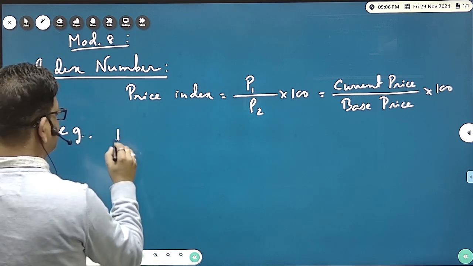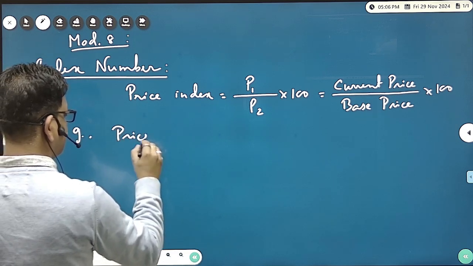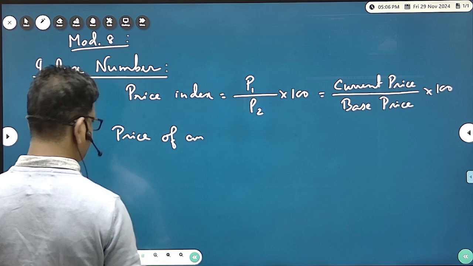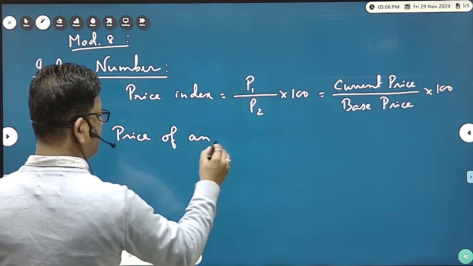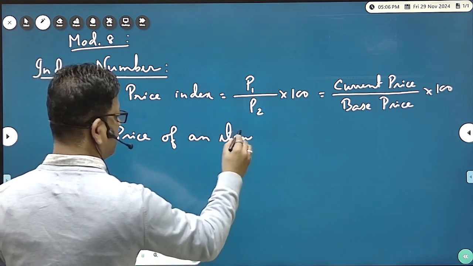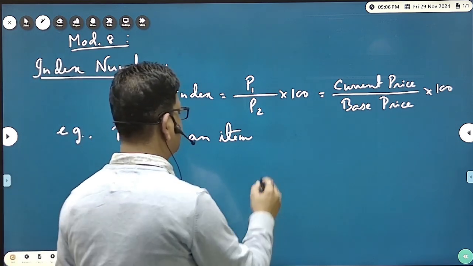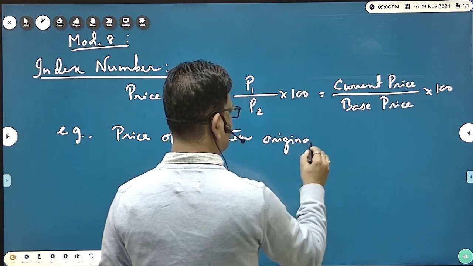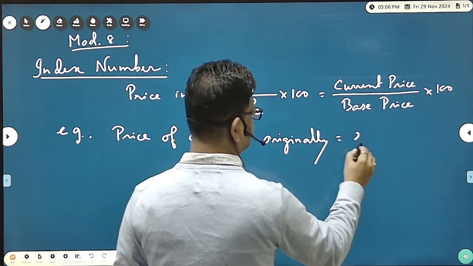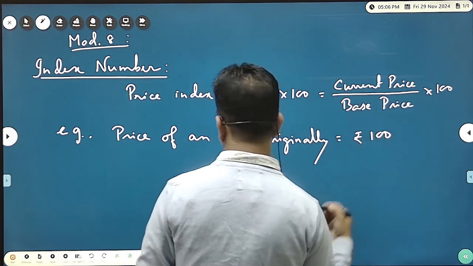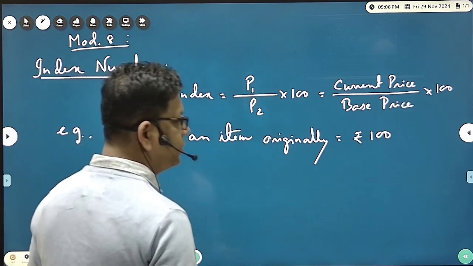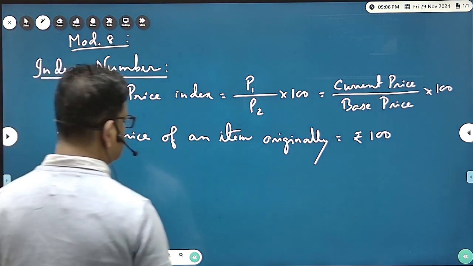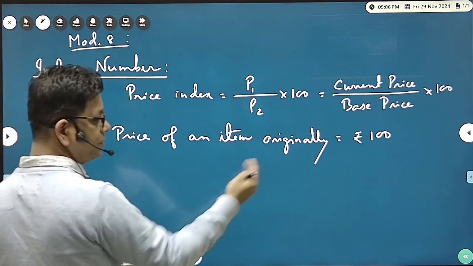suppose one example, the price of an item was originally suppose rupees 100, right? Now due to so many various factors, the price might go increase or decrease.